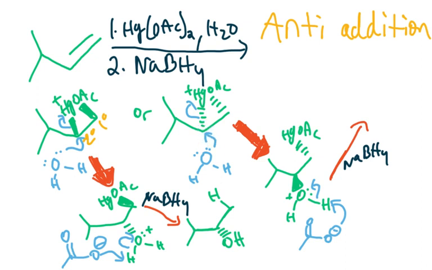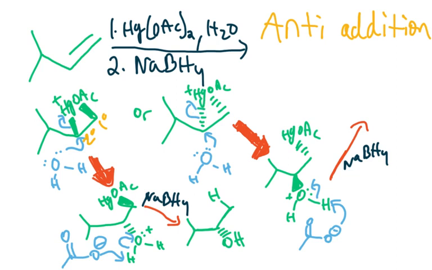We'll go over steric hindrance in a future video, but you can think of it kind of like that: the space is already taken up on the bottom for this carbon because it's already bound in terms of a dash bond to this mercury acetate compound. So the only way water can attack this carbon is from the top, a wedge bond, because again, the bottom's already too crowded.